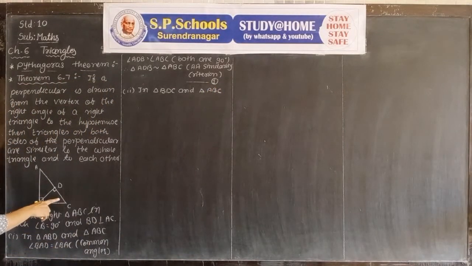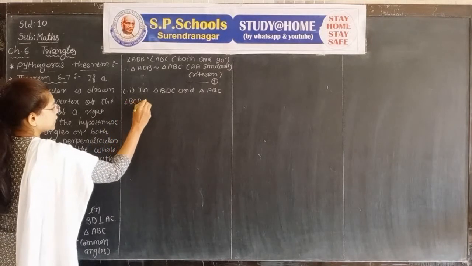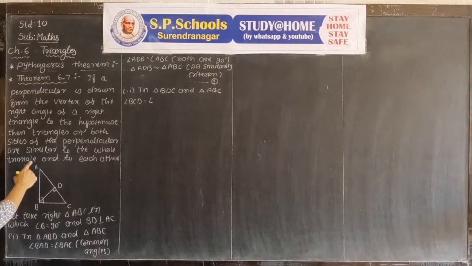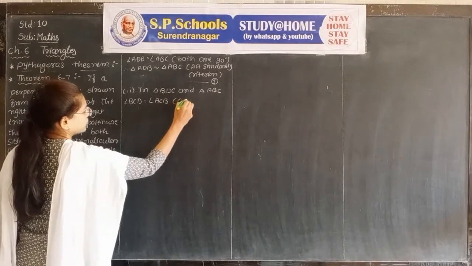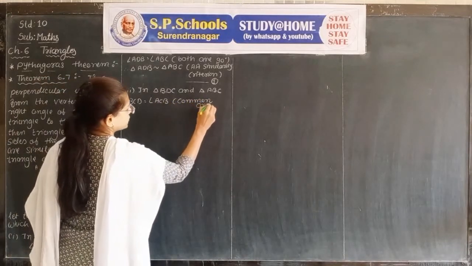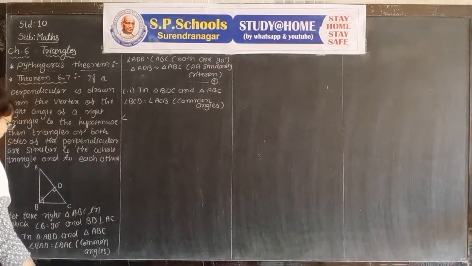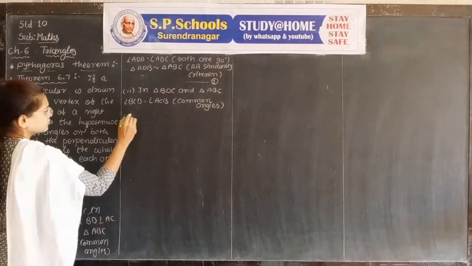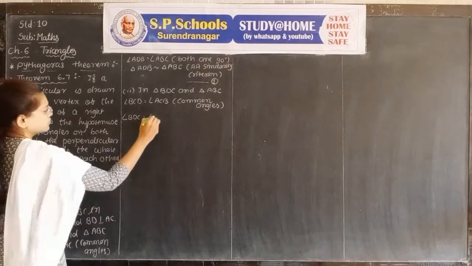Angle C is common between BDC and ABC. Angle BCD is equal to angle ACB because of the common angle. The next is 90 degrees in both: angle BDC is equal to angle ABC.